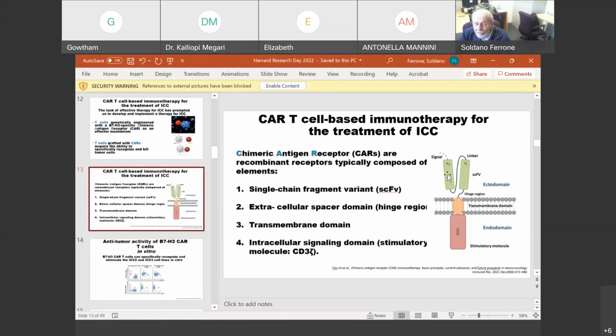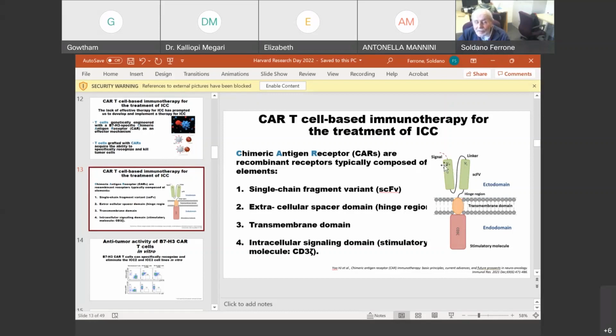So this recognition domain will give the specificity to the CAR T cells. And the single chain is linked to other domains which are mainly responsible for the activation and cytotoxic activity of T cells.